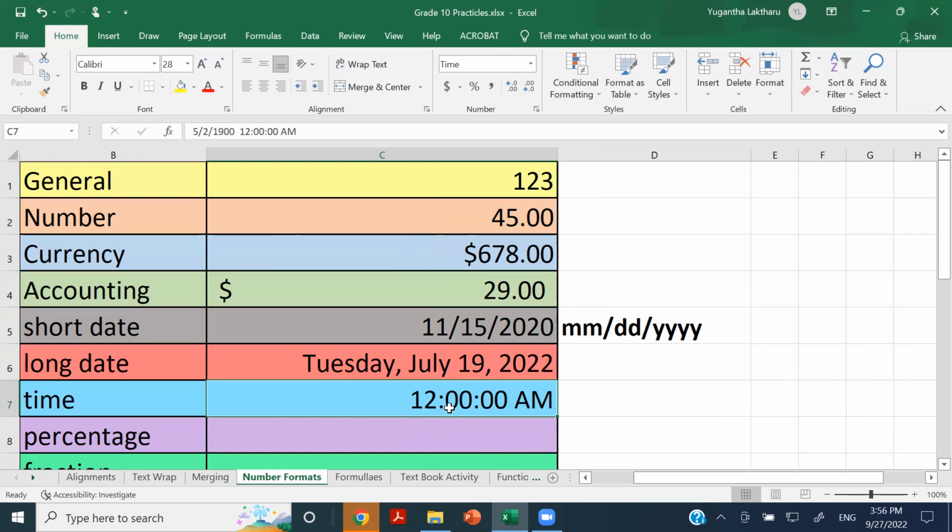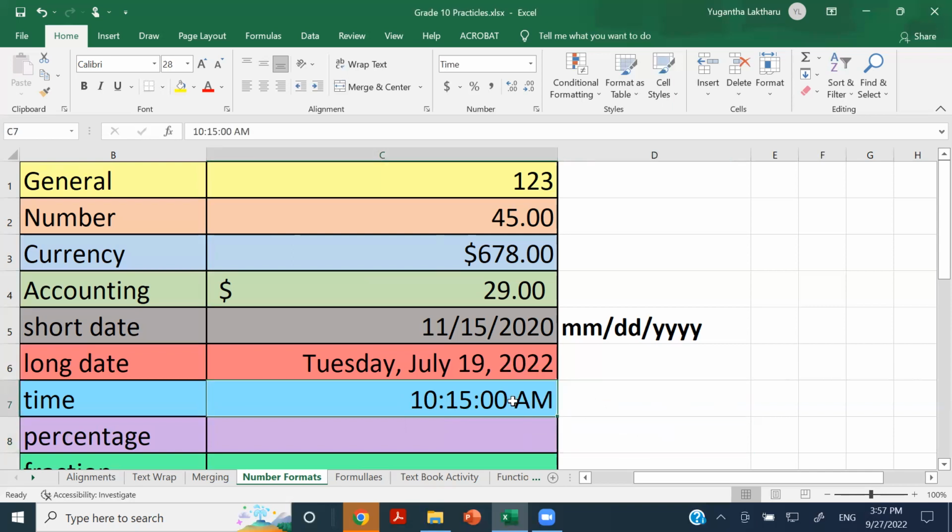Now, if I say 10:15, it is taken as 10:15 a.m. Now think about how we are going to get the time now. The time is 3:56 p.m. So 10:15 a.m. is 10:15 a.m. And if you want to show 10:15 p.m., what can we do?